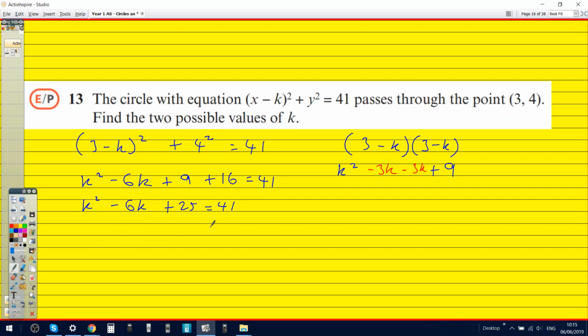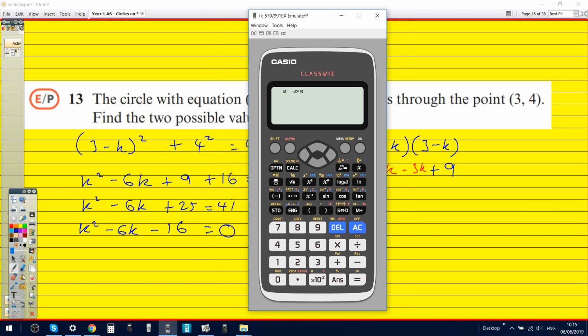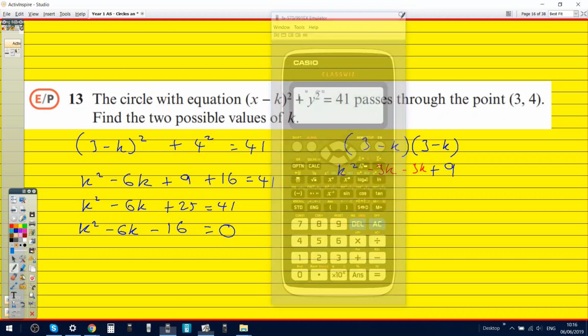Quadratic formula. For the formula, it has to first be equal to 0. Right, okay. So move the 41 across first then, to get minus 16. Yeah, and then you don't need to factorise, you can just use your calculator. Right, found that out last time.